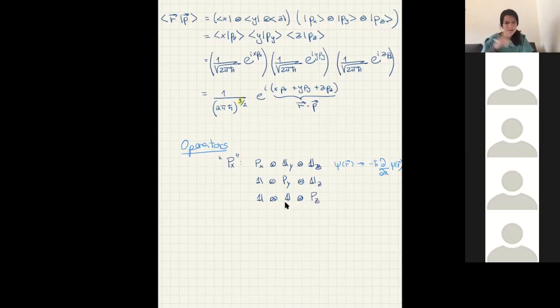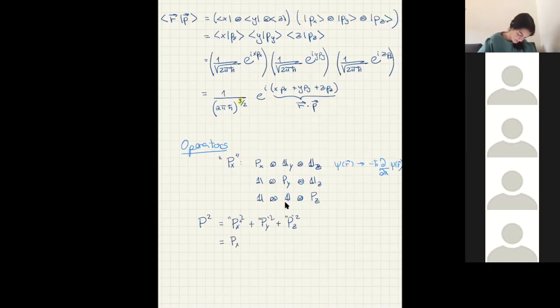And just one that will be important later on, not today, but you'll do it in an exercise in coming weeks: what is the operator p squared? And this is important because it appears in the Hamiltonian a few times, right? And this is just going to be px squared plus py squared plus pz squared. But what we should remember is that these are operators.